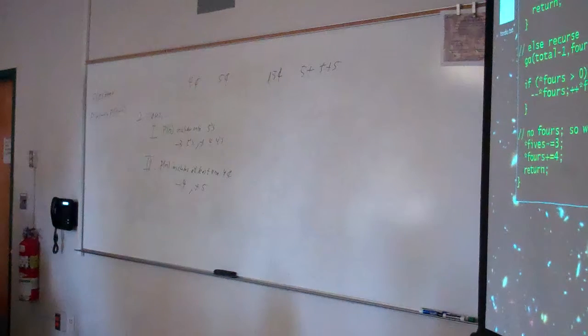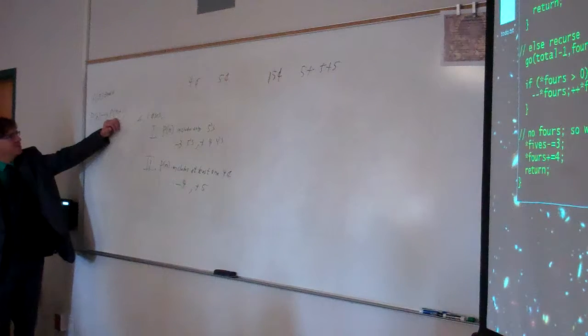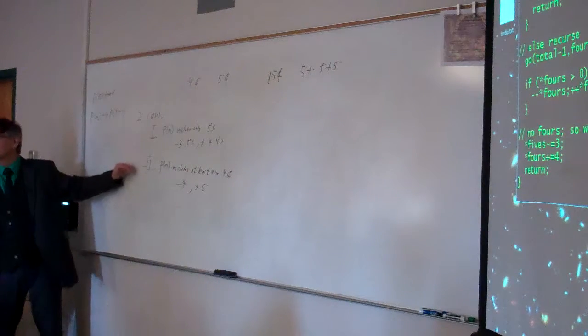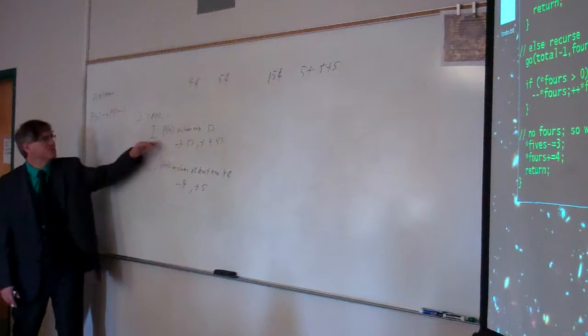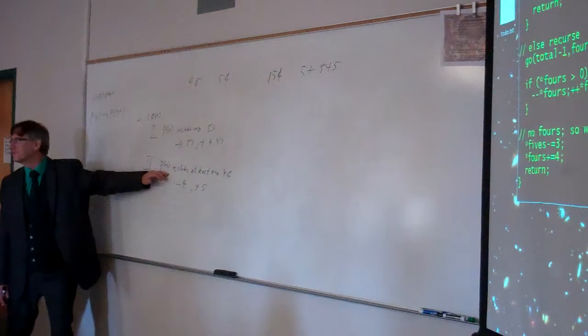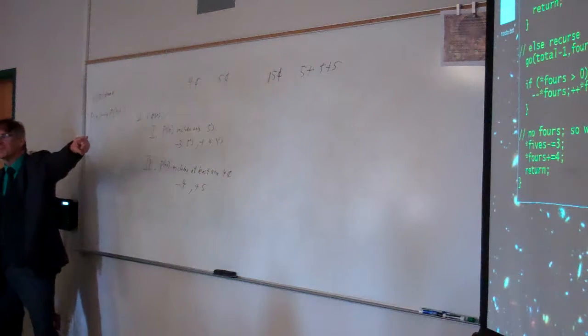But if I have a recursive proof that I can always find a value of P of n plus 1, and in this case it's a constructive proof, I actually give you a way to solve the problem for n plus 1 based on a solution for n, I can code that directly.